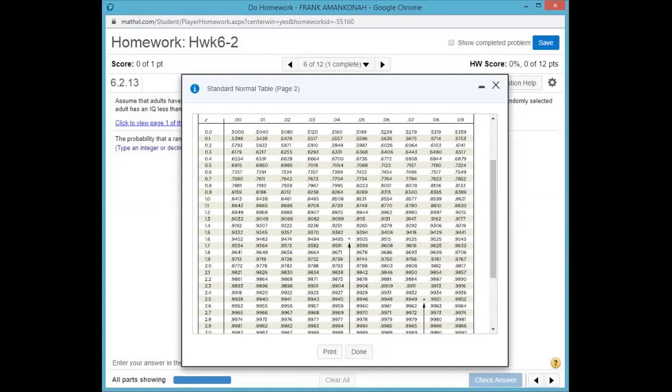Well, I have 0.85, 85, 5559, 8577. Okay, I'm looking for 8569. So which of these values is closest to the value that I have?